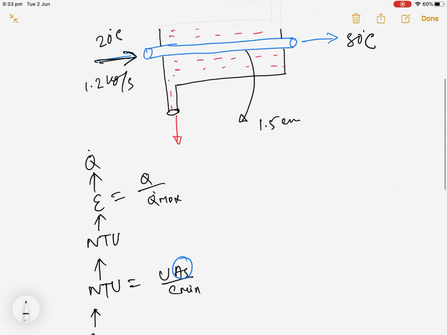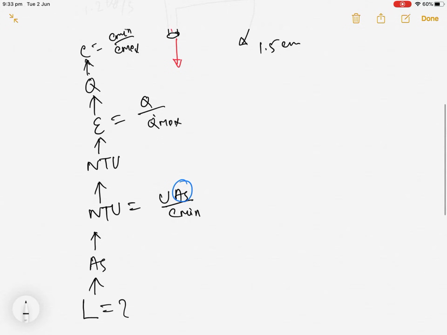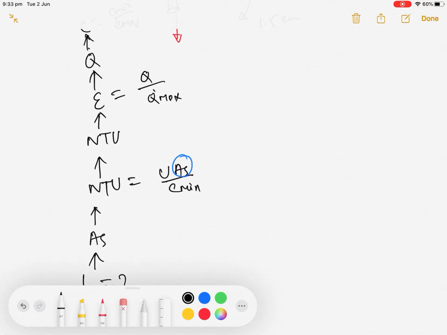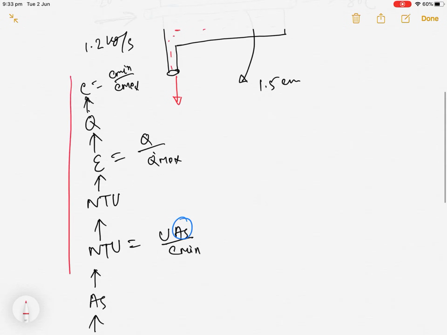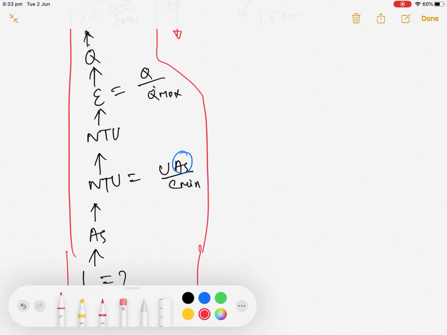So what we will do, we will calculate the Q, we will calculate the Q max, the maximum possible heat transfer, and we will calculate the C, that means the ratio of Cmin and Cmax, this value. So this will be the overall flowchart if we want to solve this problem. Look, we are not going to use any log mean temperature difference here. So this is the overall flowchart we are going to follow for this problem.